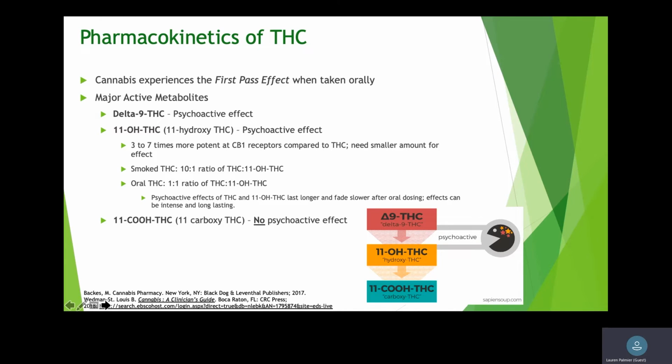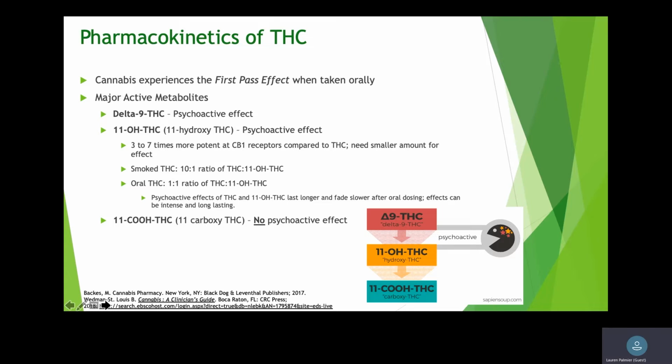So now we'll talk a little bit more about the pharmacokinetics of THC. As we touched on in the last slide, cannabis experiences the first-pass effect when taken orally. It has 3 major active metabolites when it is metabolized. Delta 9 THC, which is usually the more commonly thought of metabolite when we're thinking of THC, is one of its metabolites, and it has a psychoactive effect. 11-hydroxy THC is also produced, and that also has a psychoactive effect.